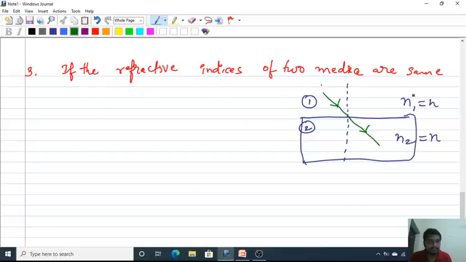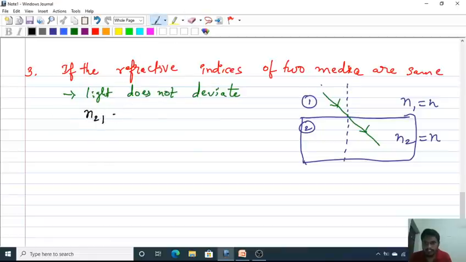If the refractive indices of two media are the same, light does not deviate from its actual path. In this case, n21 is equal to 1, which implies n2 by n1 is equal to 1.